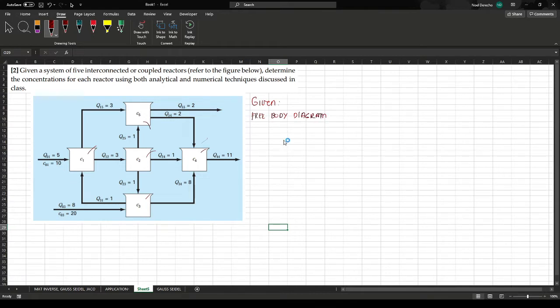So for C1 we have going out Q15, going out with Q12, going in with Q31, then going in with Q01 and C01, reactor 1.